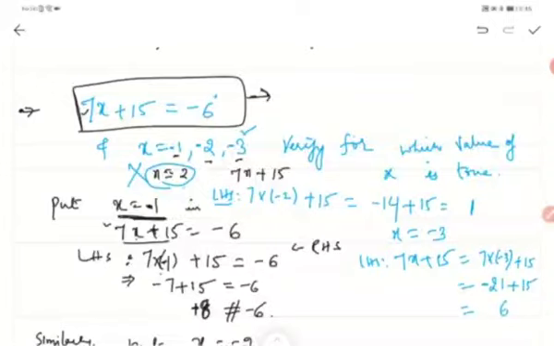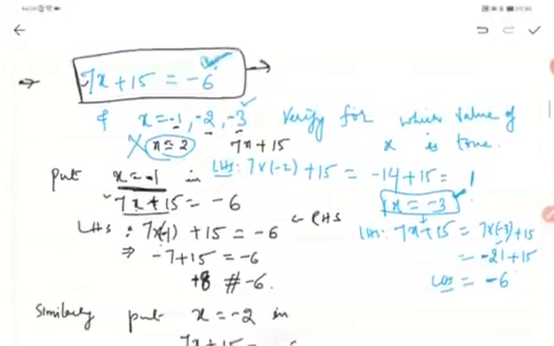It is 6, and the sign is that of the bigger integer, that is minus, isn't it? So minus 6 we got on the LHS side for x equal to minus 3. That is what we have on the right hand side. Therefore for x equal to minus 3, this equation is true.